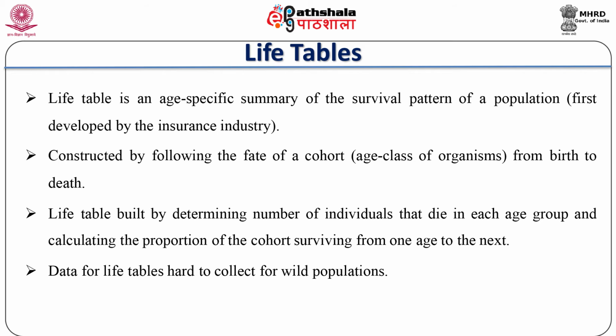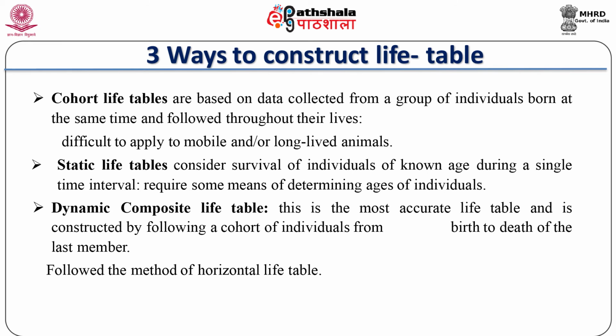It was first developed for human populations, specifically for life insurance companies. In ecology, they were introduced by D.V. in 1947. Tables are prepared by taking into account different features of population like its age class and proportion of the organisms surviving at a later stage, dying at a stage, total lifespan, etc. The whole lifespan is divided into different segments and the number of individuals falling under these segments is termed as cohort.